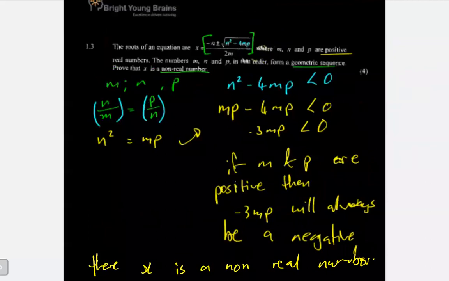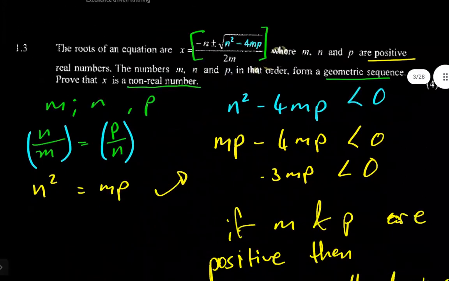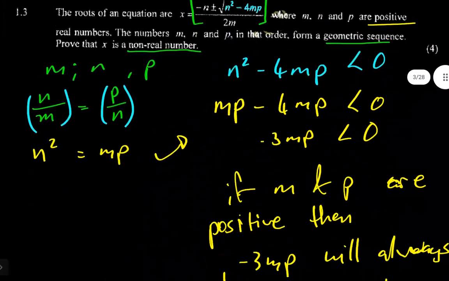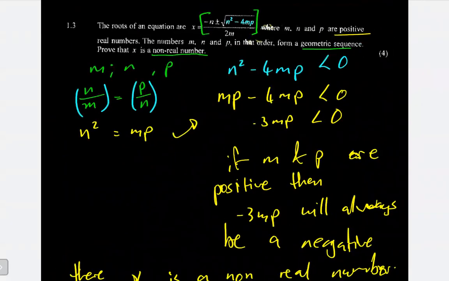That's kind of interesting, because if negative 3mp will always be negative, what does that do now? Negative 3mp will always be negative. Oh, okay.